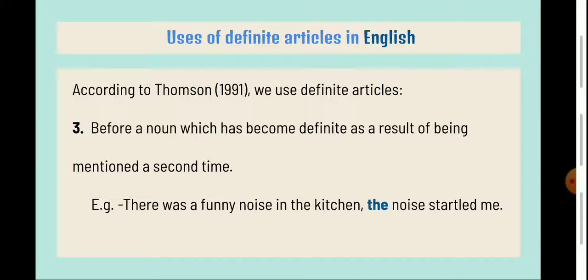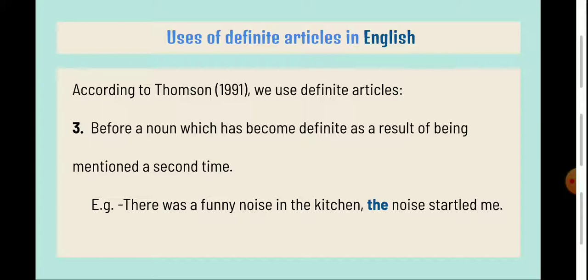We use definite articles before a noun which has become definite as a result of being mentioned a second time. For example, there was a funny noise in the kitchen. The noise startled me. So first, there was a noise in the kitchen.